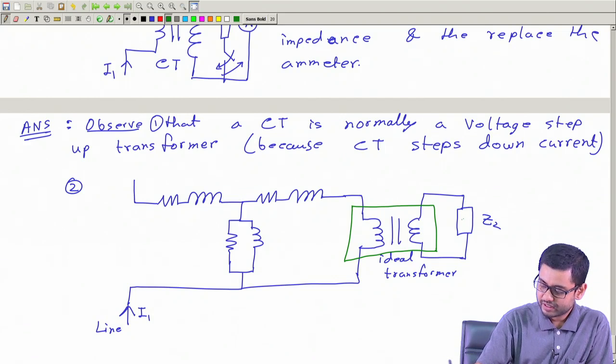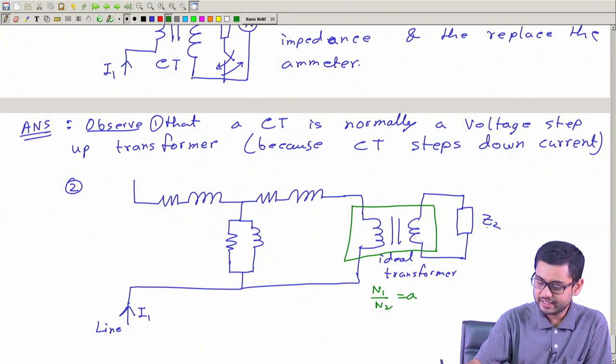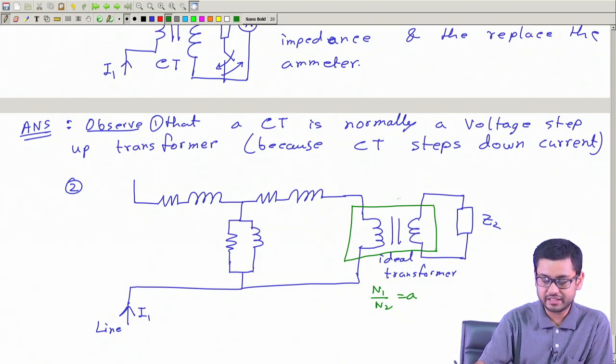Therefore, if the turns ratio is A, the reflected impedance between these two points you can compute. We did it assuming ideal transformers.